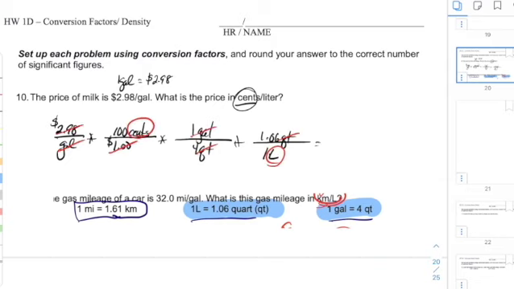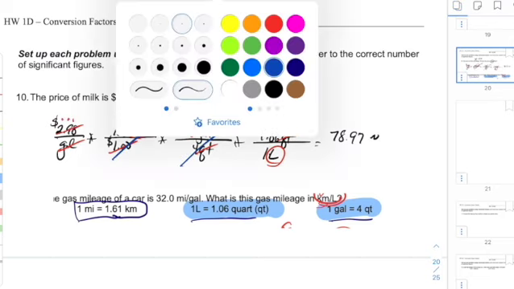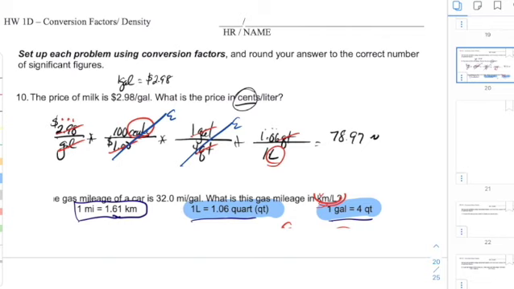Okay, run this through the calculator, and we get a final value of 78.97. Now that's on the calculator, so we should round our number to 3 significant figures. So the final answer, 1, 2, 3 sig figs, that'll be the rounder, will be 79.0 cents per liter. Okay, and that's how you do number 10.